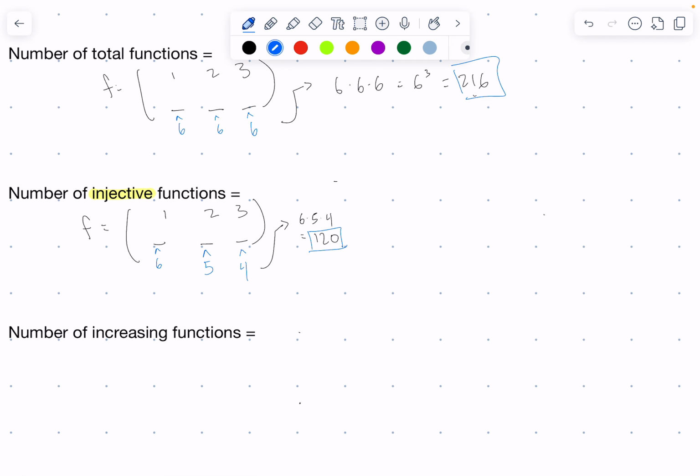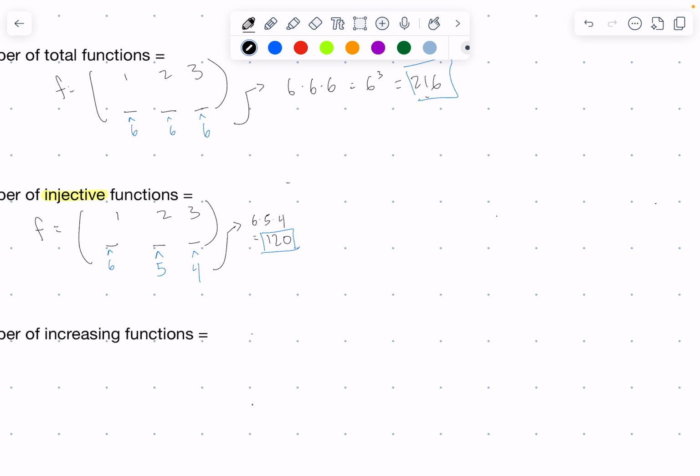Now, that's one way to think about it. The other way we can think about it is a permutation, where no item is used more than once. So if n is equal to 6, then k will be equal to 3. We can write this as a permutation of 6, 3, and recall our formula: n factorial over n minus k factorial.